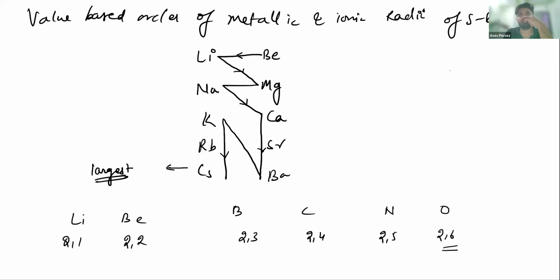Then we have beryllium 2 positive and magnesium 2 positive. So here we will have beryllium, then magnesium. Beryllium is going to have the smallest size.